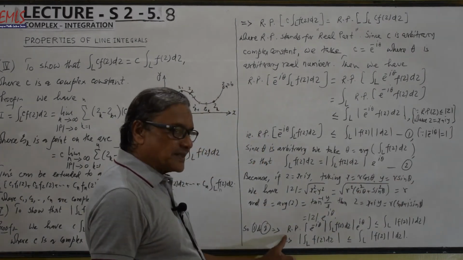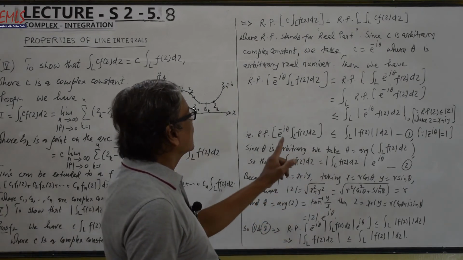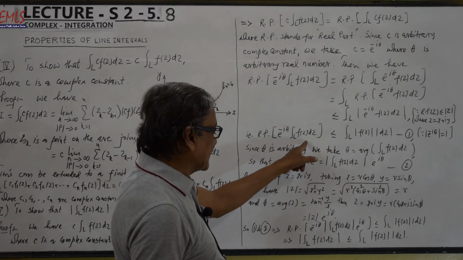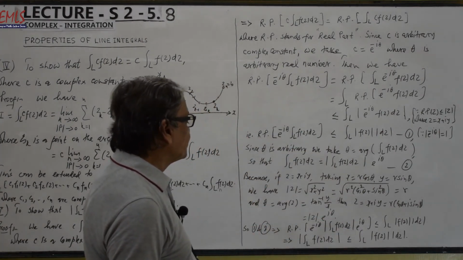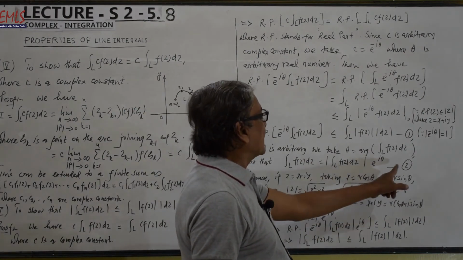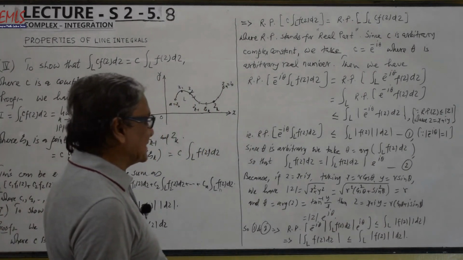So 1 and 2 imply real part of e to power minus i theta integral over L f(z) dz is less than or equal to integral over L mod f(z) mod dz.